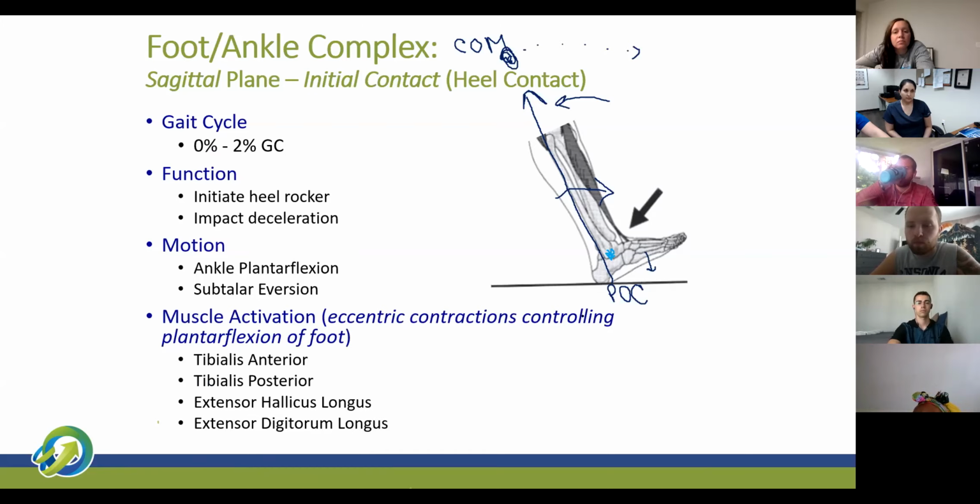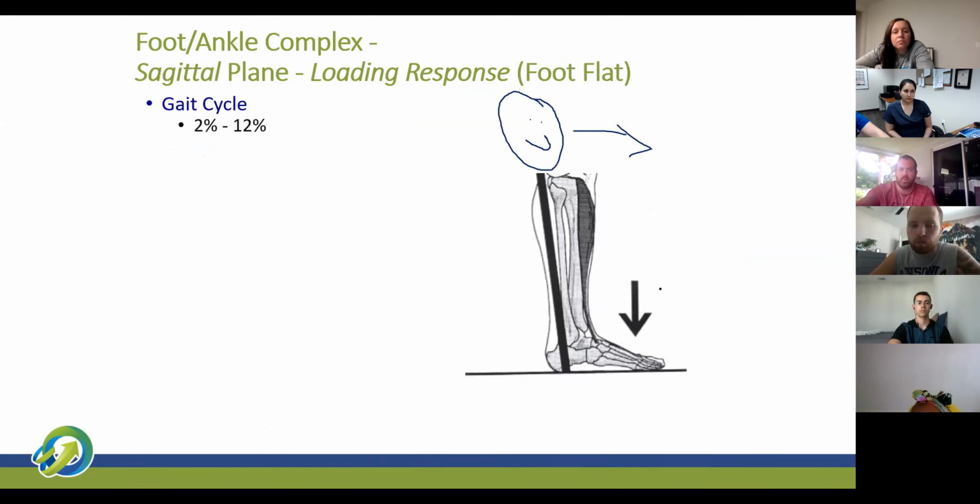through loading response. So looking at this one, my passenger unit is now more or less in alignment with the leg. So the ground reaction force, remember before in my drawing, it was tilted posteriorly. Now it's tilted more anteriorly, because that's what's happening with the center of mass. The center of mass is moving forward. And you see, it hasn't moved positions on the heel.